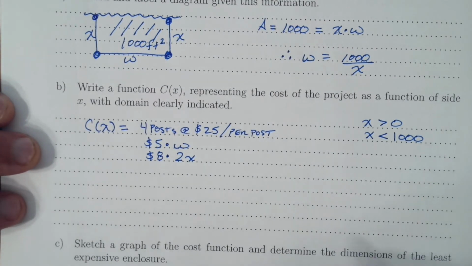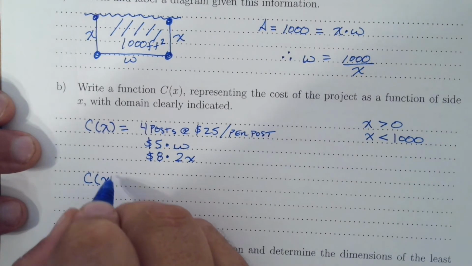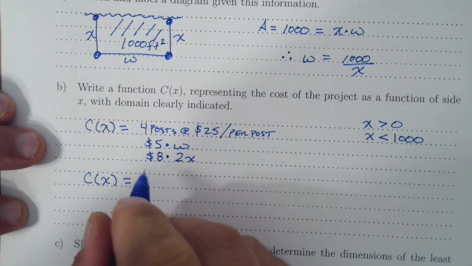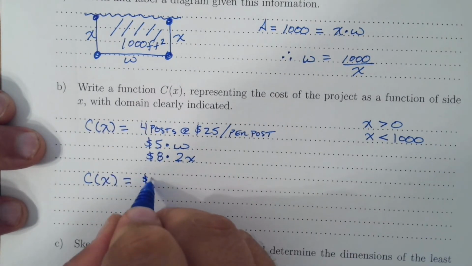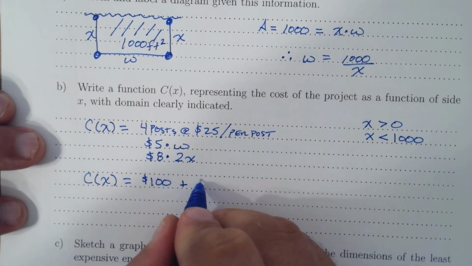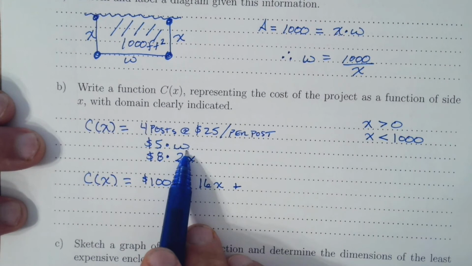So if I come over here and I say, okay, well, what's that going to give me? That's going to tell me that the cost is a function of x, right? 4 times 25 is $100. Right, so I'm going to have $100 plus 8 times 2, that's 16x, plus 5 times W, right?